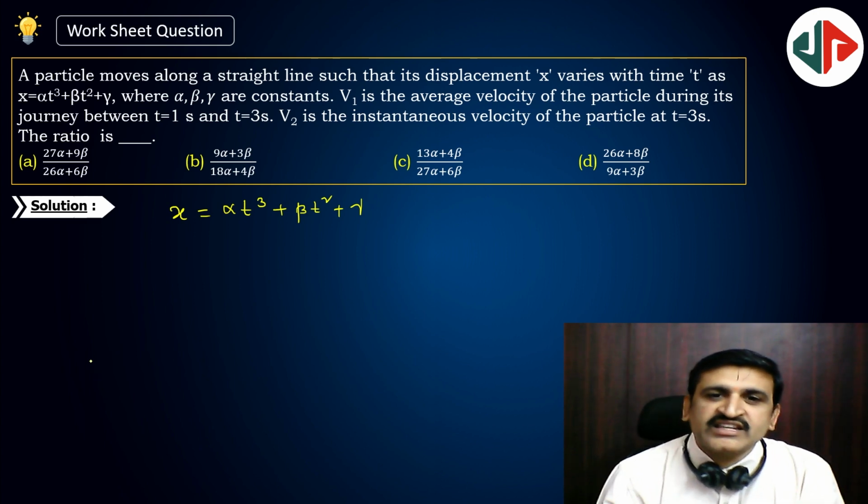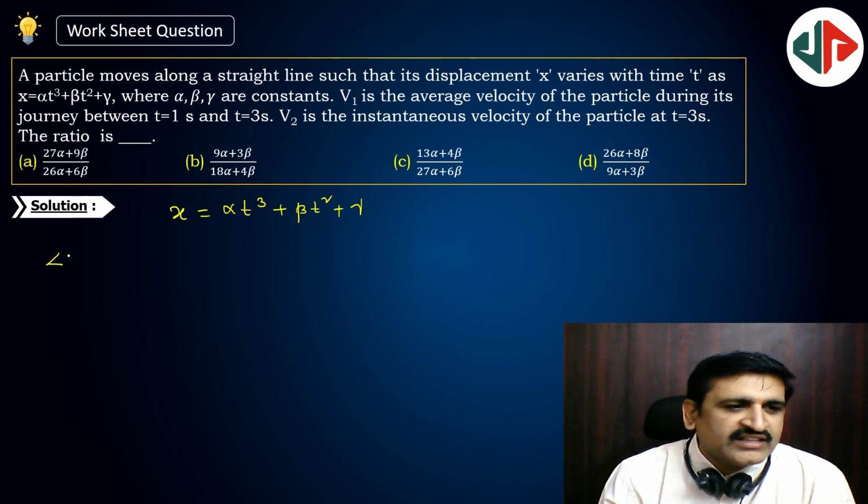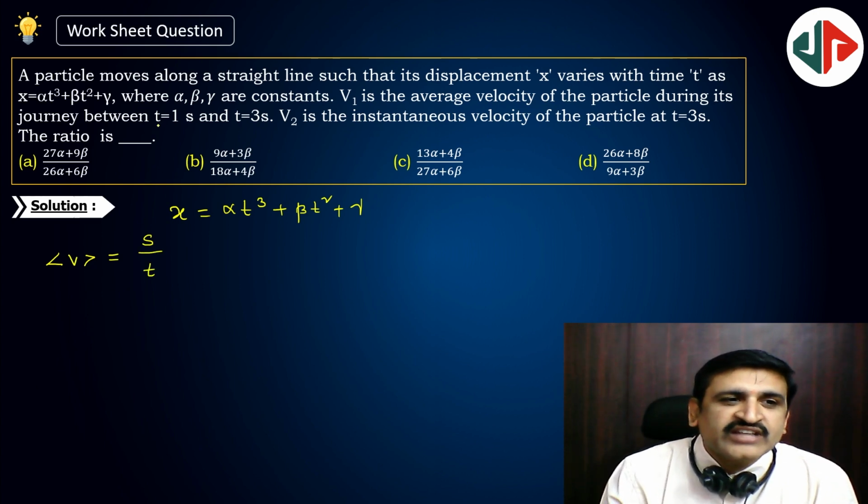Average velocity is total displacement by total time. Which time interval? t = 1 to 3 seconds.